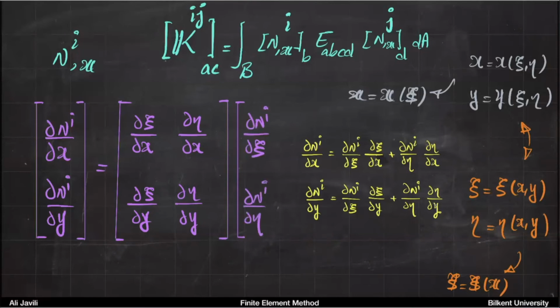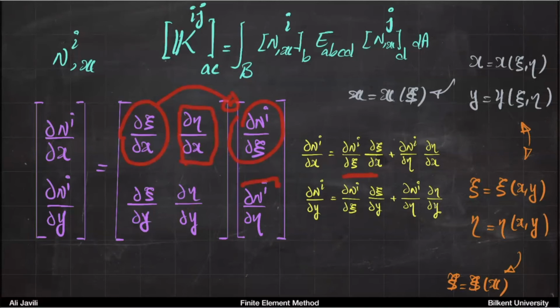Let's see. All right, so now look at it. Derivative of ξ with respect to x times derivative of Ni with respect to ξ. So that's the first term here. Now, derivative of η with respect to x, derivative of Ni with respect to η.